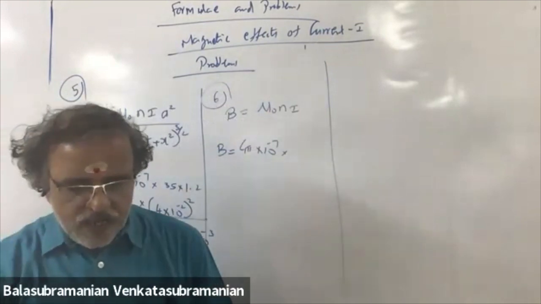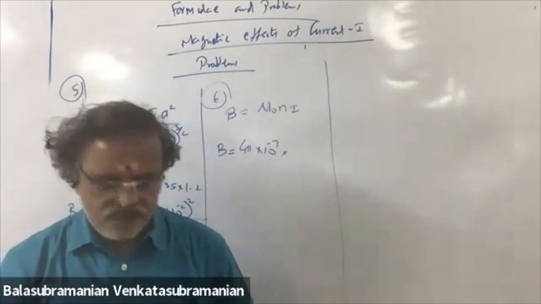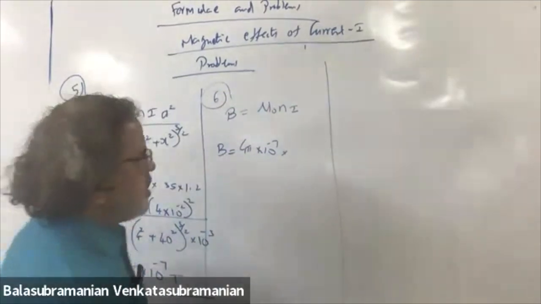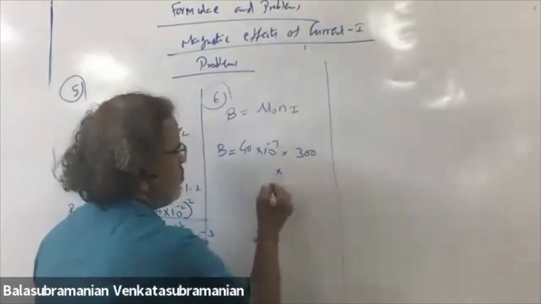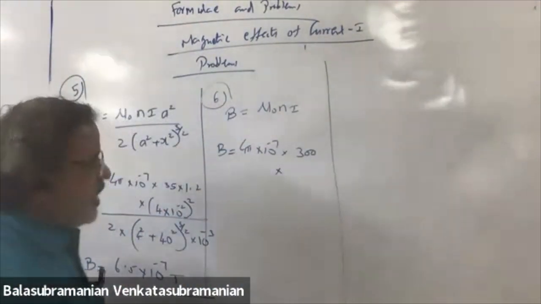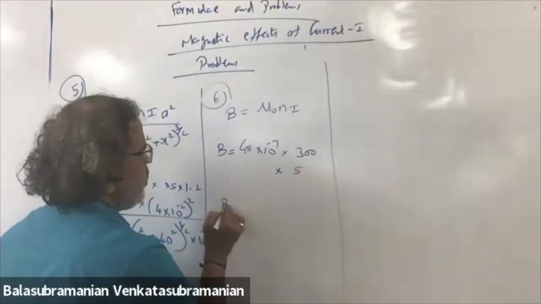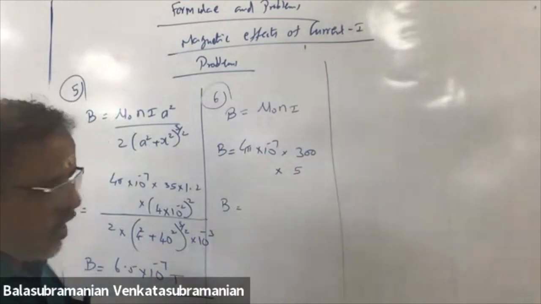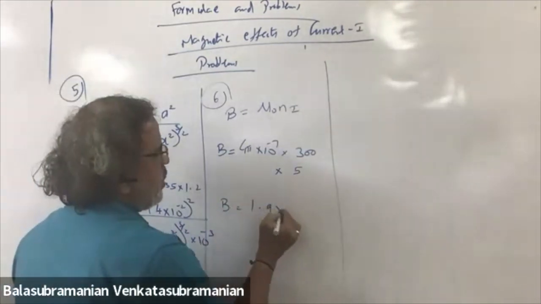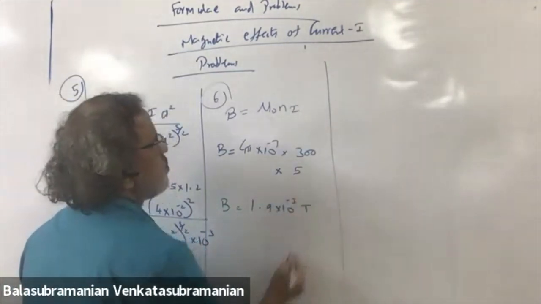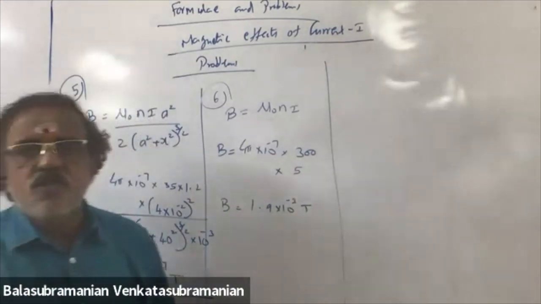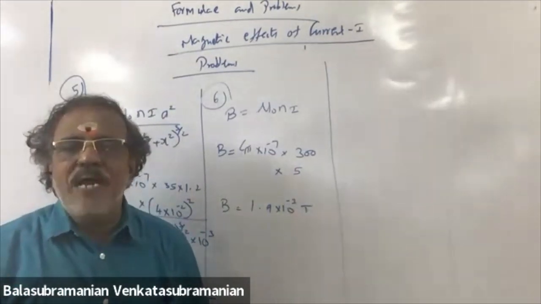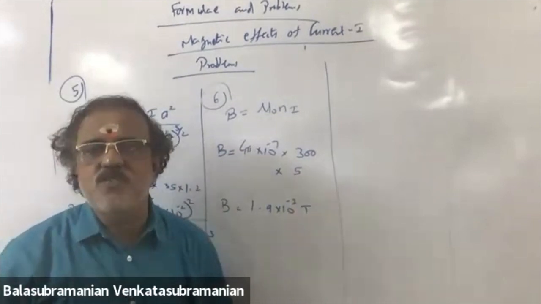The number of turns per unit length itself is given: 300 turns, current 5 ampere. Simply multiply. Straight problem. That is 1.9 into 10 power minus 3 Tesla. This is the magnetic induction inside the solenoid carrying current.